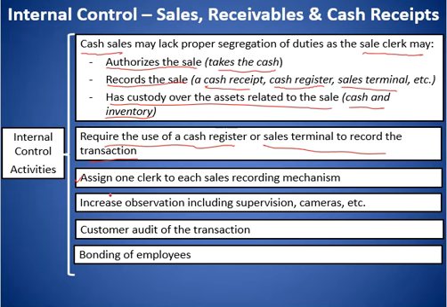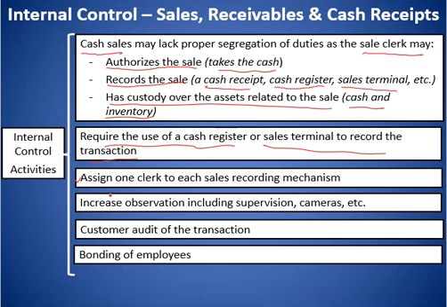Now, it is true that in effect, the sales clerk could open the cash drawer by pushing what they'll call a no sale button, which automatically opens the cash drawer. In traditional systems, what will happen is that will ring a distinctive bell on the cash register, which alerts the supervisor to the fact that the cash drawer is being opened without the recording of a sale. And that's also the same thing on electronic types of transactions.